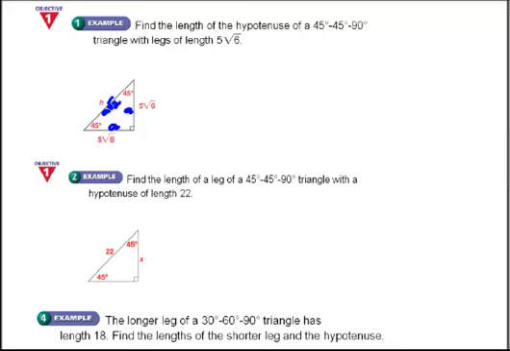Now, you have to have a label. You have to have a number to work with. And I do. This is my number I get to work with. What do I know? That my A is equal to 5 square roots of 6. That's what I know. I'm not trying to find that. What I'm trying to find is this. I'm trying to find H. And I know my H is equal to A square roots of 2.